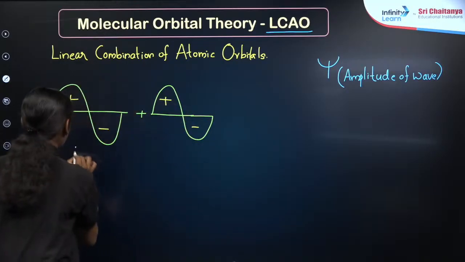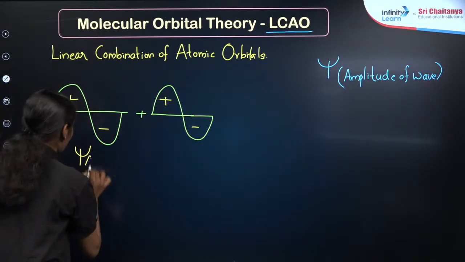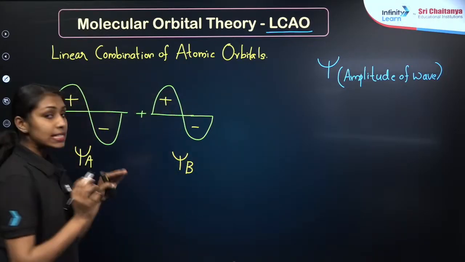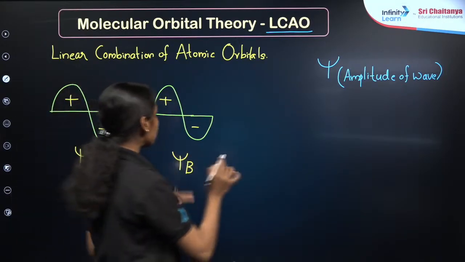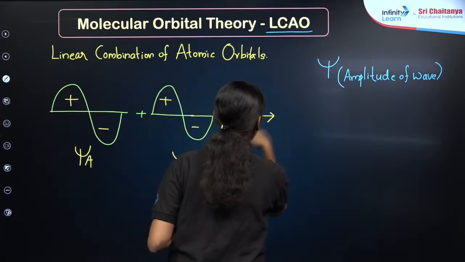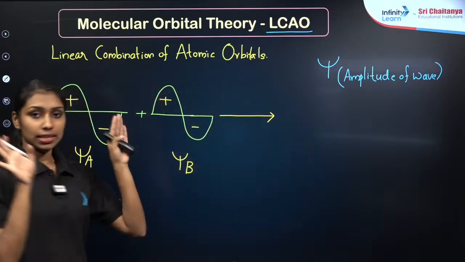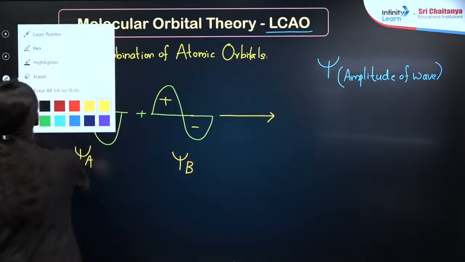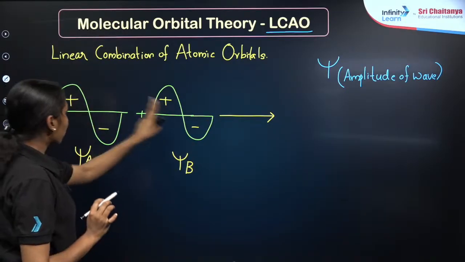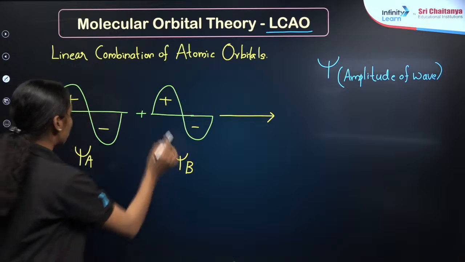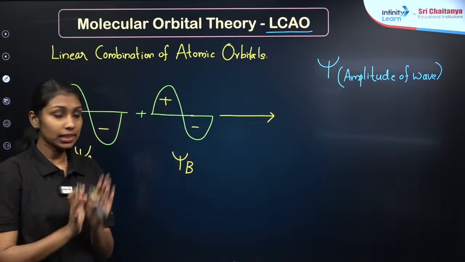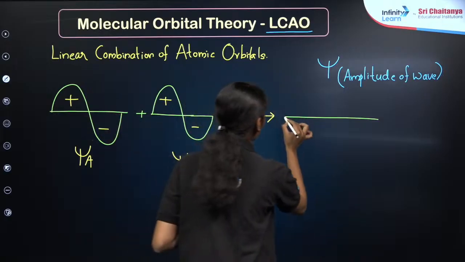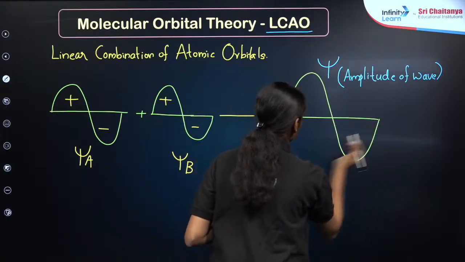I can represent this wave as psi A and this one as psi B. If it is going for constructive interference, the same phases reinforce each other, so it forms a wave like this, which has maximum amplitude.